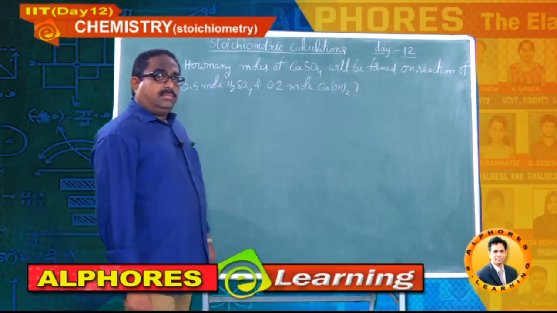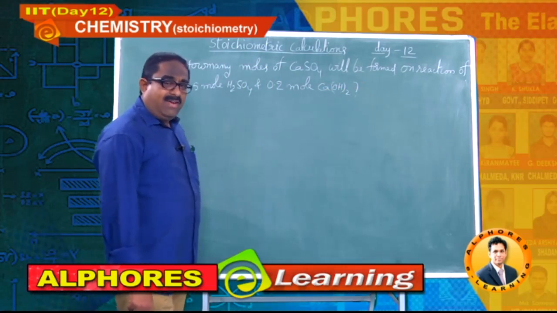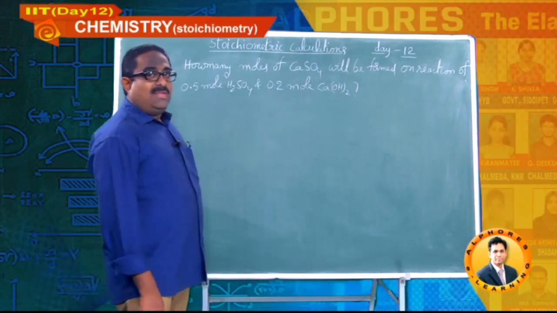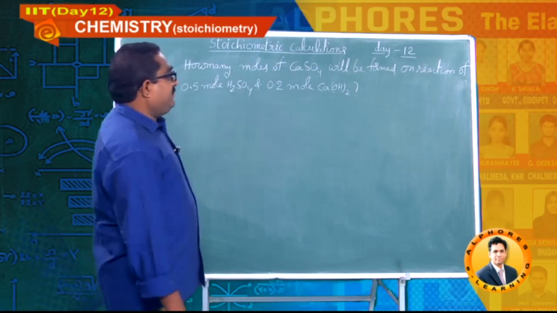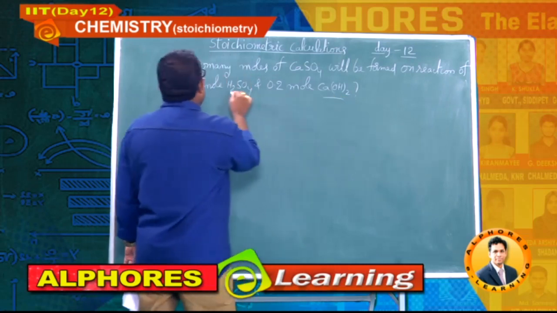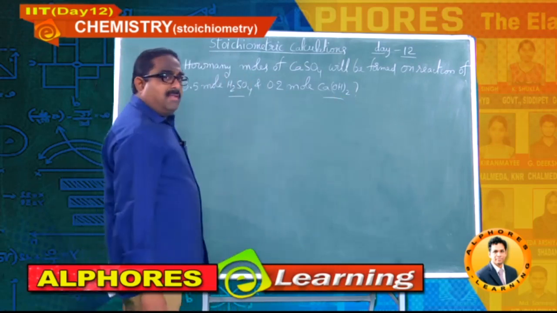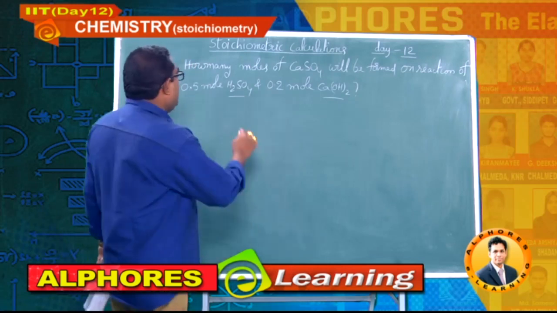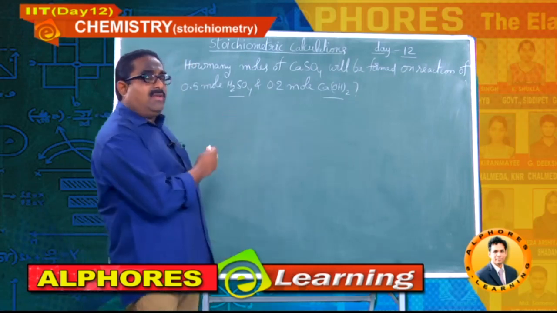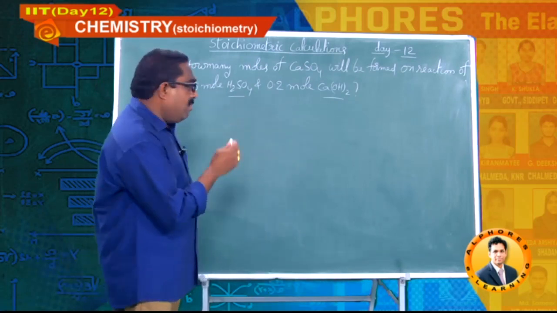Now, we need a balanced chemical equation to solve this question. This is a simple acid base reaction, based on the basic knowledge we have. Acid and base always react together to form the corresponding salt and water.